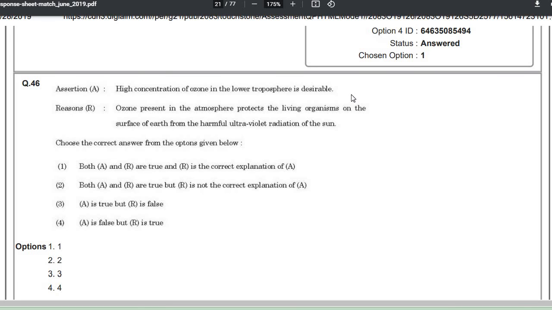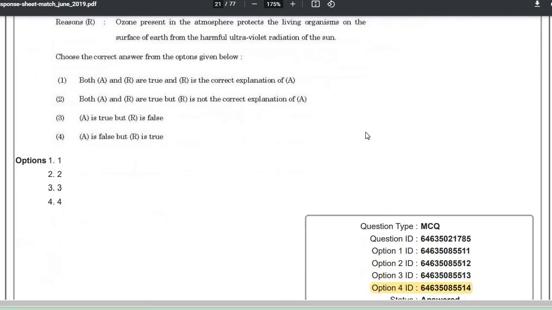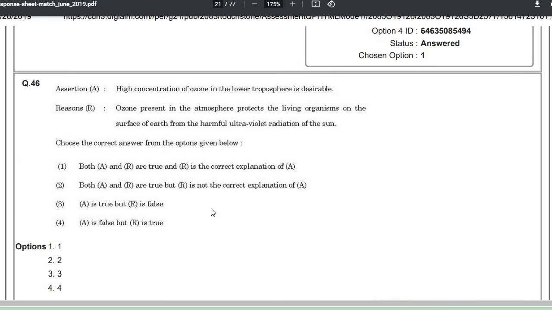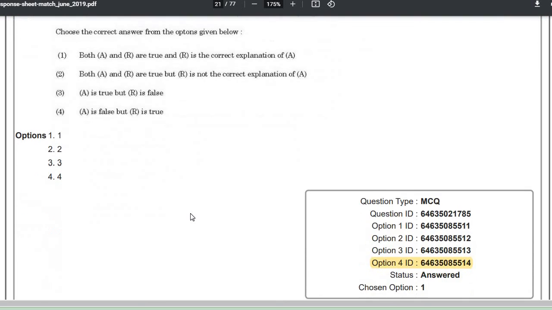So A is wrong, whereas R is true. The correct answer is option 4: A is false and R is true. R is true because ozone present in the atmosphere protects the living organisms on the surface of the earth from the harmful ultraviolet radiation of the sun. So option 4 is the correct answer for question number 46.